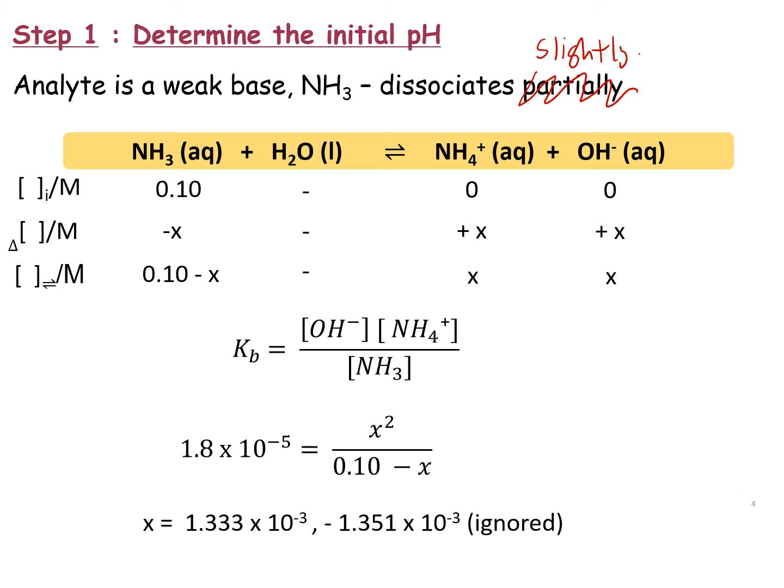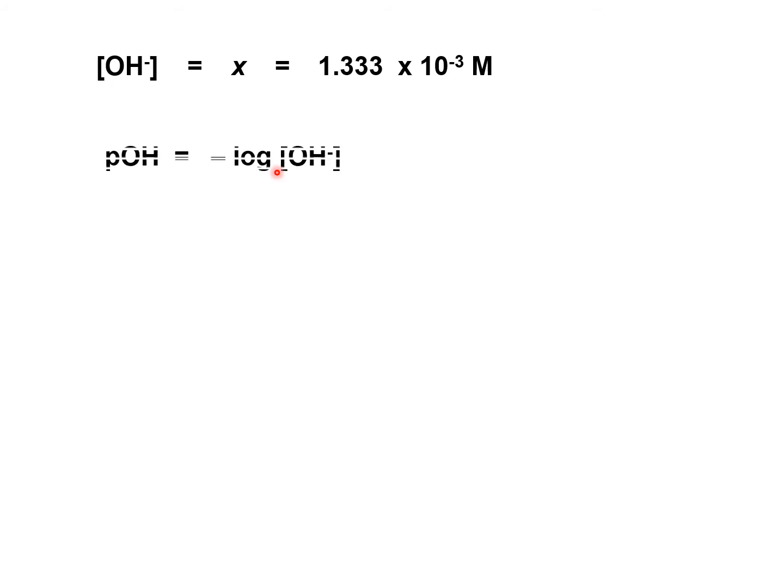Once we have the value of X, kita proceed. The concentration of OH minus is equal to the value of X. So, ini adalah nilai dia. Macam saya cakap tadi, kita ada concentration OH minus, hydroxide ion, so we're going to find the pOH. pOH is negative log OH minus. Substitute the value, and then we will get the value of pOH as 2.88.